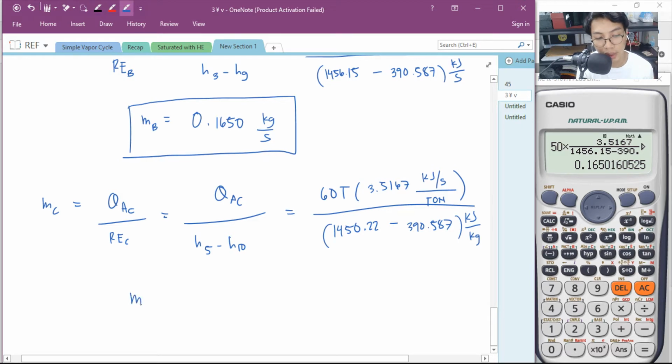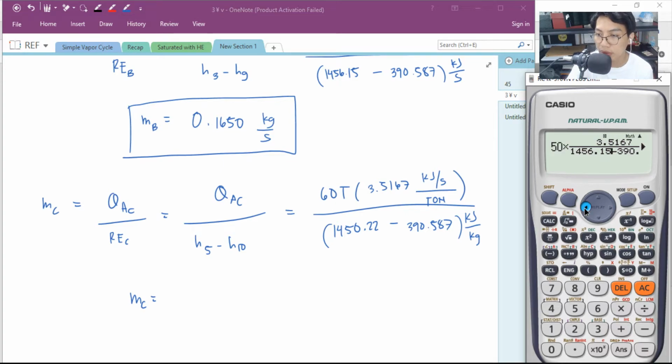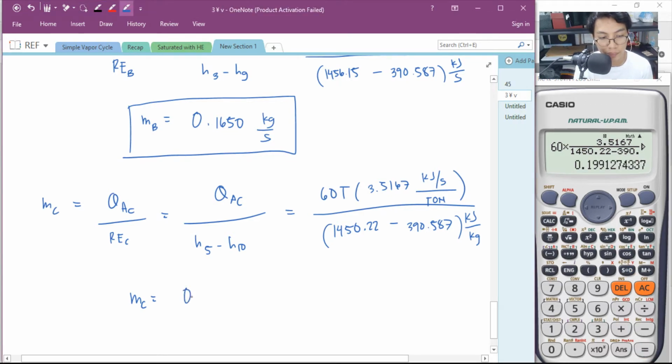So, MC, buhin na lang natin yung isa dito. 1450.22, tapos yung isa 60. So, the answer is 0.1991 kilogram per second.